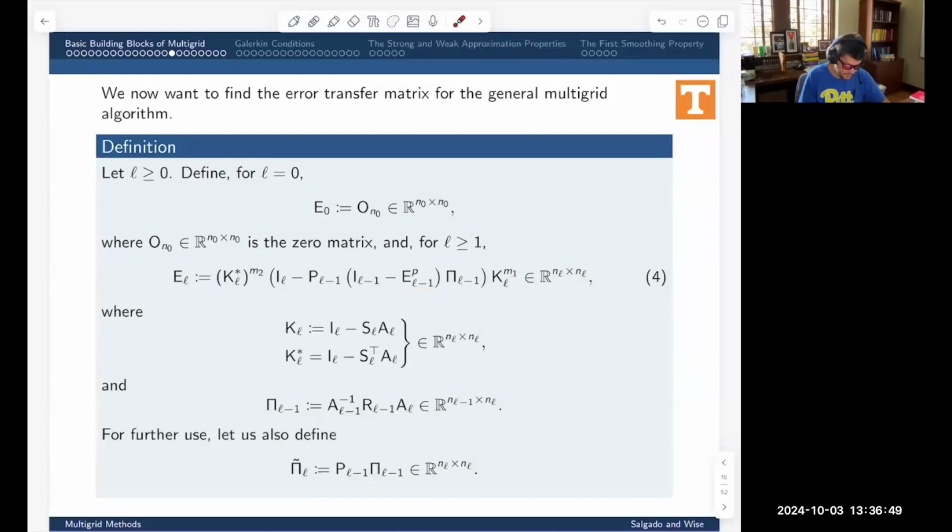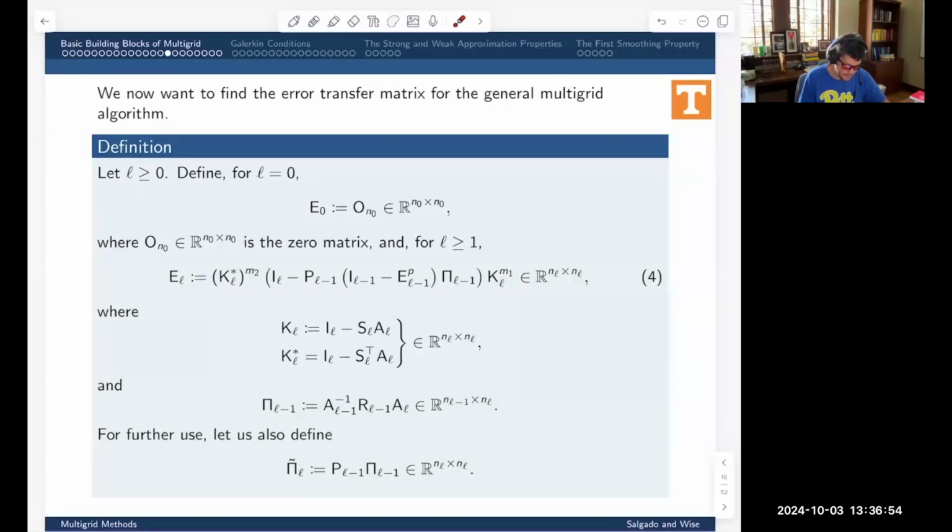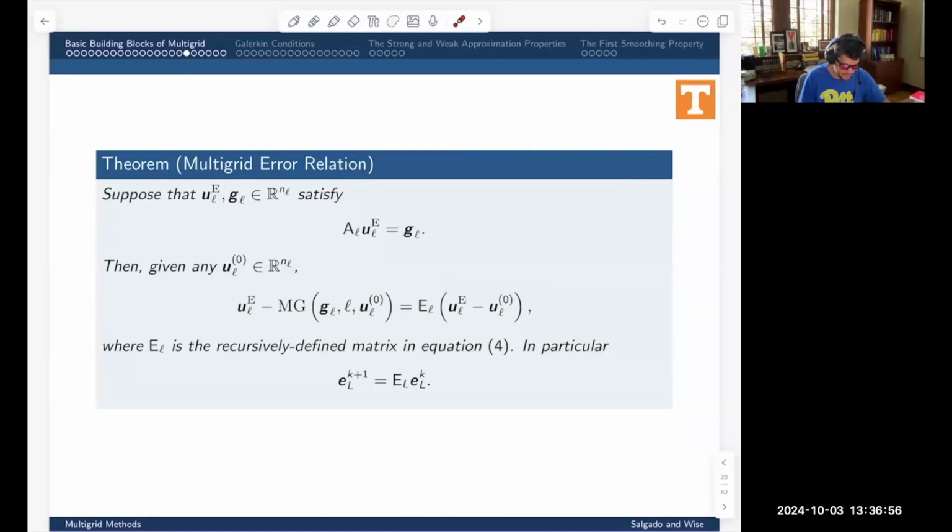So we want to prove that this is actually the error transfer matrix that we get by doing one application of the multigrid generic algorithm on level L, some generic level L. Now, if we can prove this, then the one that we really need to analyze is going to be this error transfer matrix, E capital L, because what we're really interested in is the error on level capital L. Right?